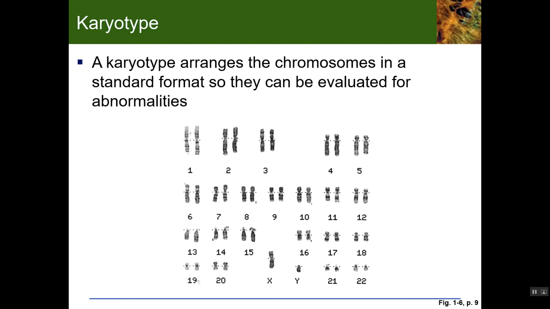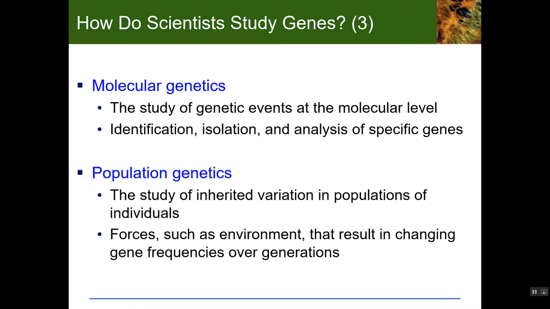There's no possibility of having a Y in a female. XY and XX are the 2 options for male and female. Now, you have 22 sets of autosomes. Those are the regular chromosomes throughout the body, and then you have the 2 sex chromosomes, which is your 23rd pair.